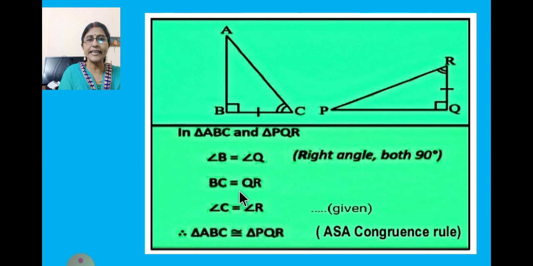So we'll write BC is equal to QR. And then angle C is given. Here you can see there are two lines. So angle C is equal to angle R. It is given. Therefore triangle ABC is congruent to triangle PQR. By which rule? You can see here angle, side, angle. So ASA congruence rule.